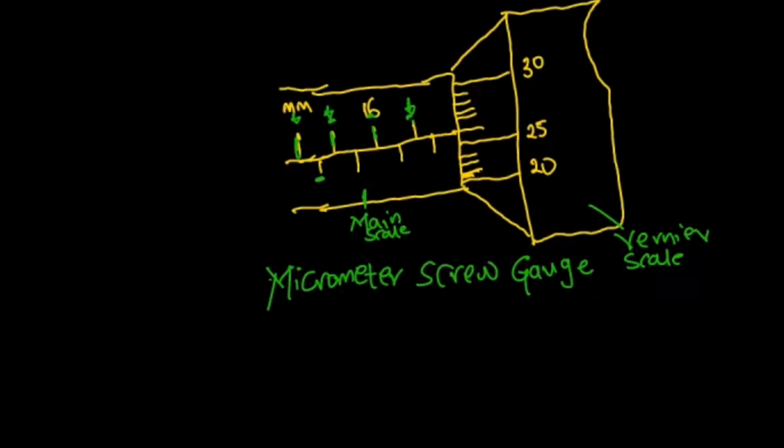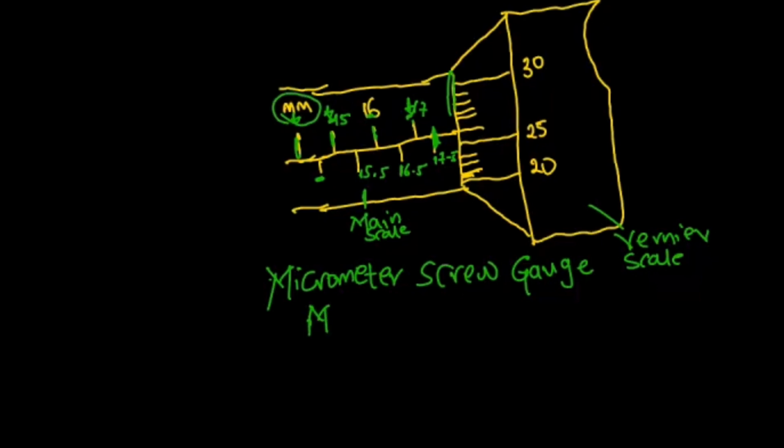This one up is 15, this one down is 15.5. This one up is 16, this one below is 16.5. Then this one up is 17, and coming down, this is 17.5. Again, the last reading before the vernier scale is 17.5. So the unit here is in millimeter.